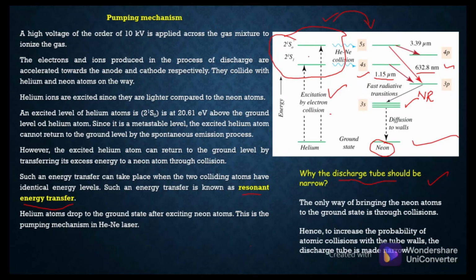Helium atoms do not have the ability to luminesce. They cannot give out spontaneous emission or stimulated emission, because these two levels are metastable levels. So they cannot come down with an emission process. They transfer the energy to the neon atoms, and this process is termed resonant energy transfer. The laser action taking place in neon atoms is explained here.